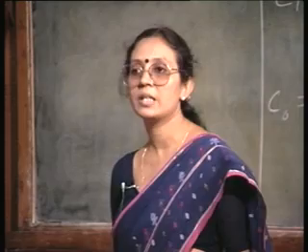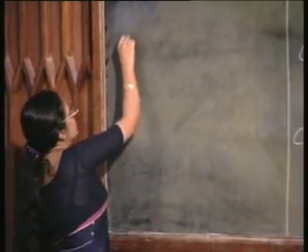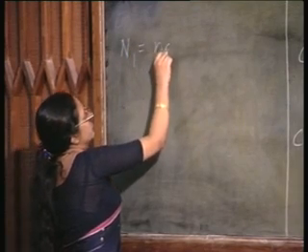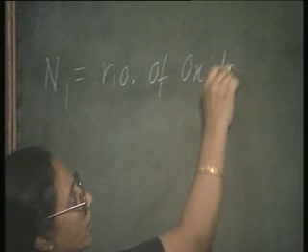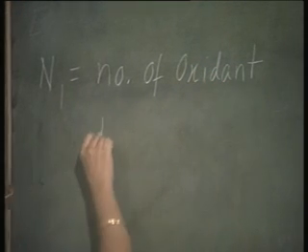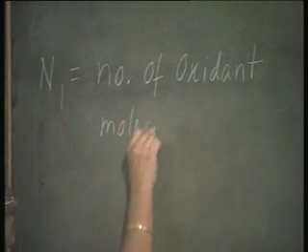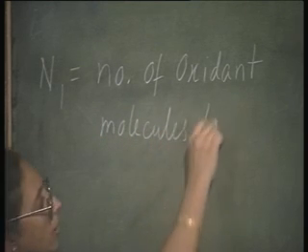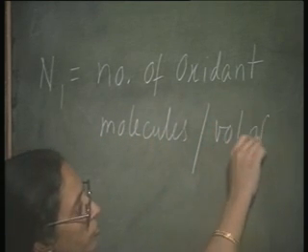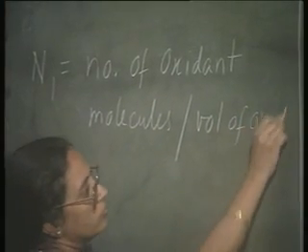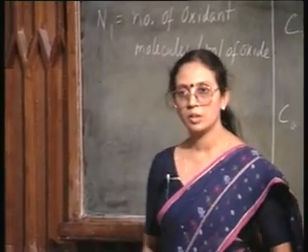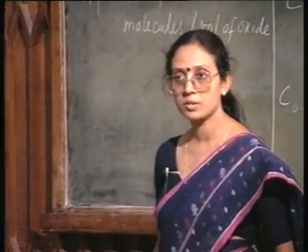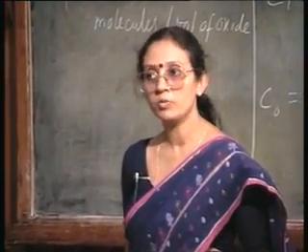Now, let me define a term N1. That is number of oxidant molecules, it can be either oxygen or water vapor, per unit volume of oxide. Number of oxidant molecules per unit volume of oxide.